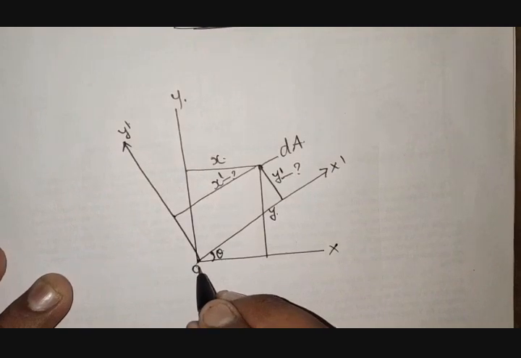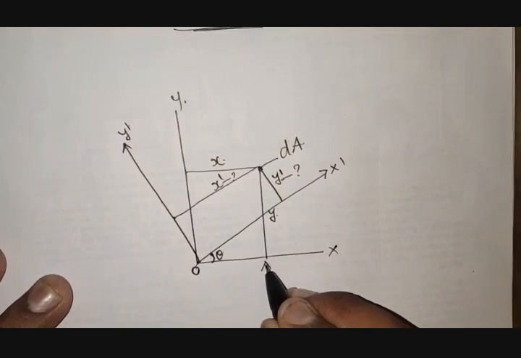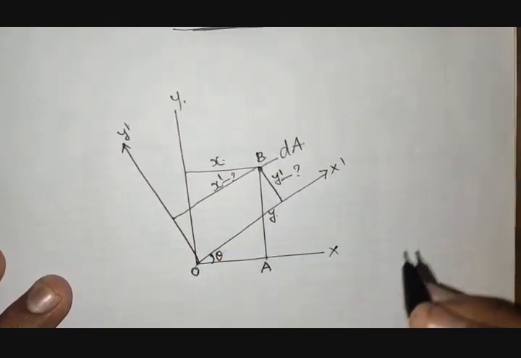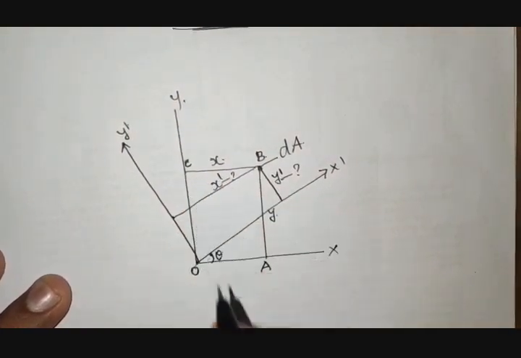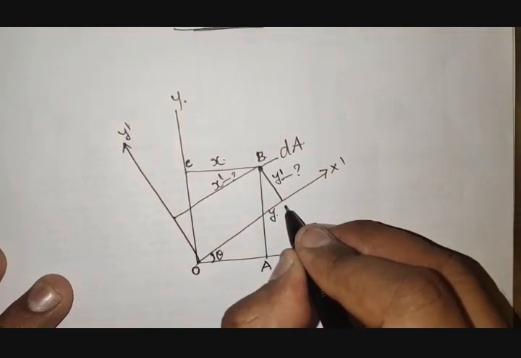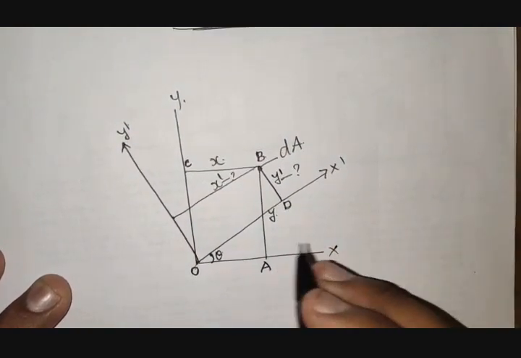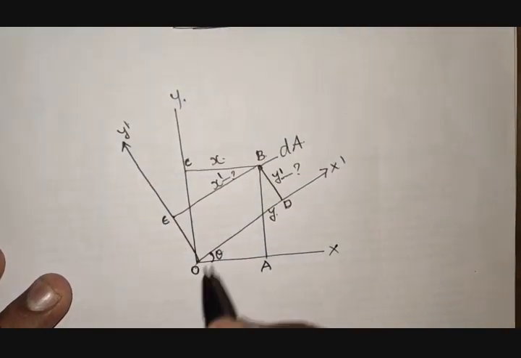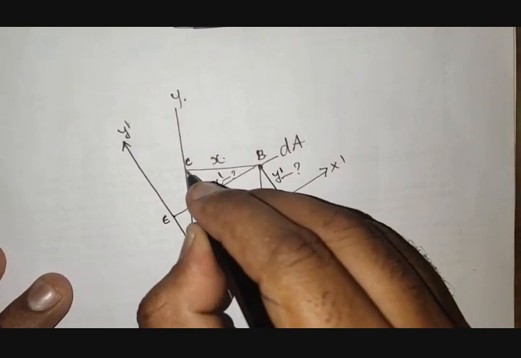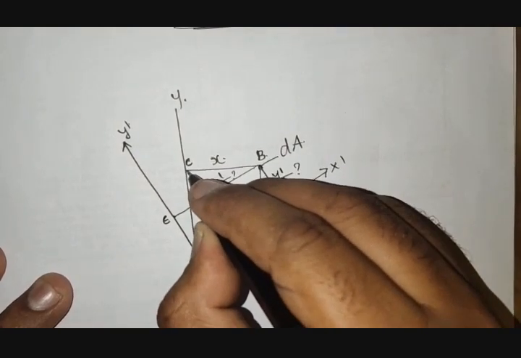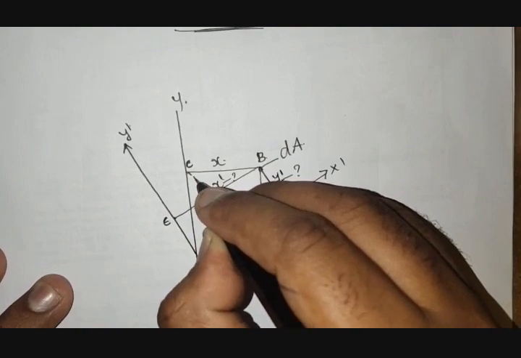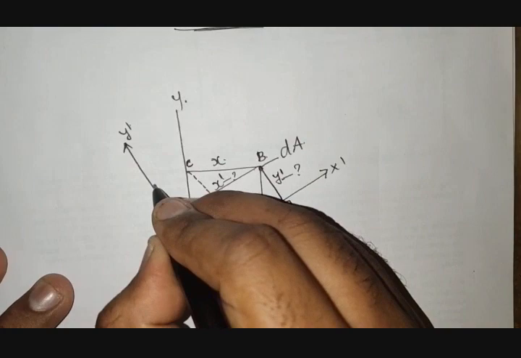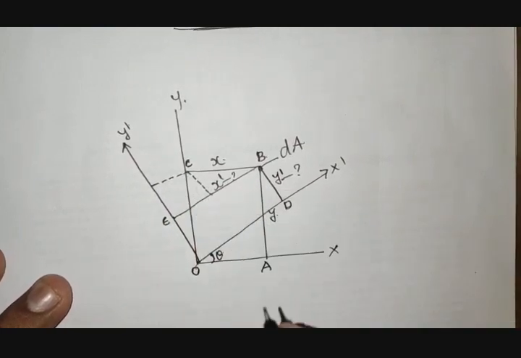So I am going to denote this as O, this as A, this as B, this as C, next this condition as D, and here this as E. And in this section I am going to draw one perpendicular line, and with respect to here, another perpendicular line.